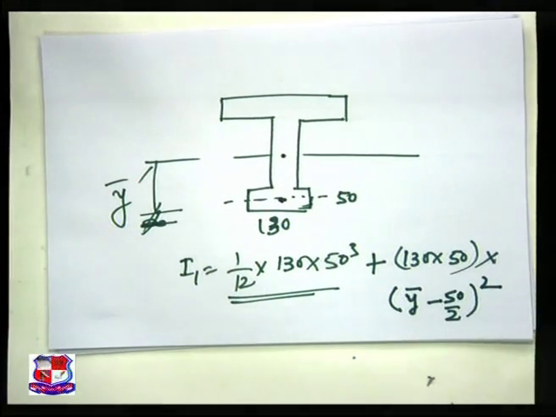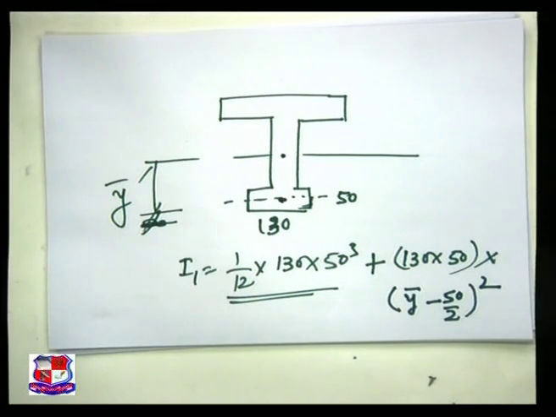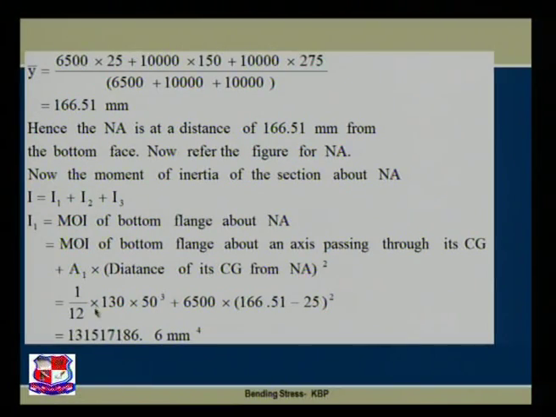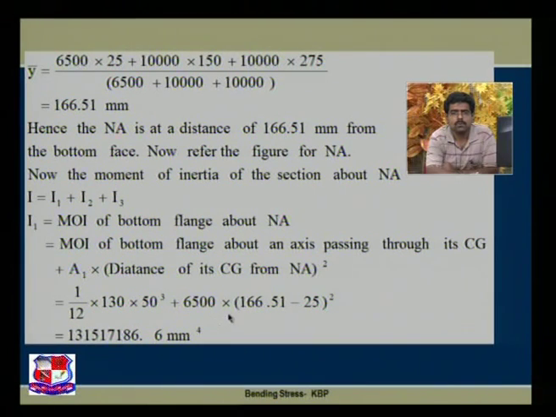square. And if we see these things on this PPT, that is 6500 multiplied by 166.51 minus 50 by 2, that is 25, square, and we simplify it. We found out the value as 131517186.6 millimeter raised to 4.